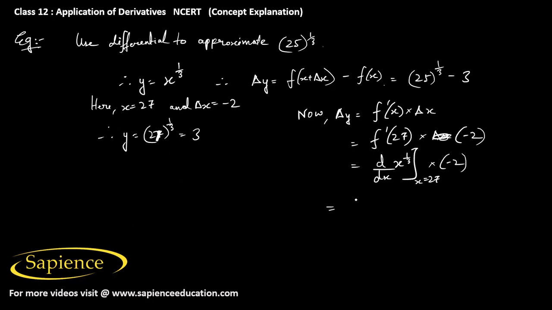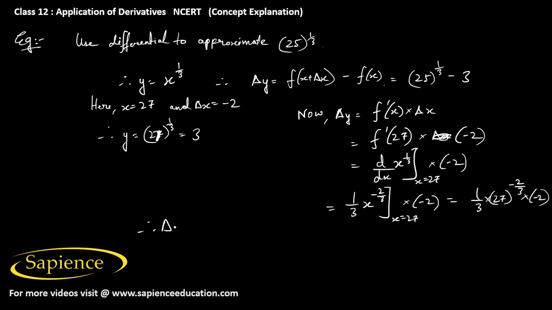So that will be 1 by 3 n x power n minus 1, so that is 1 by 3 into x power minus 2 by 3 at x equal to 27 into minus 2. So that is 1 by 3 into 27 whole power minus 2 by 3 into minus 2.